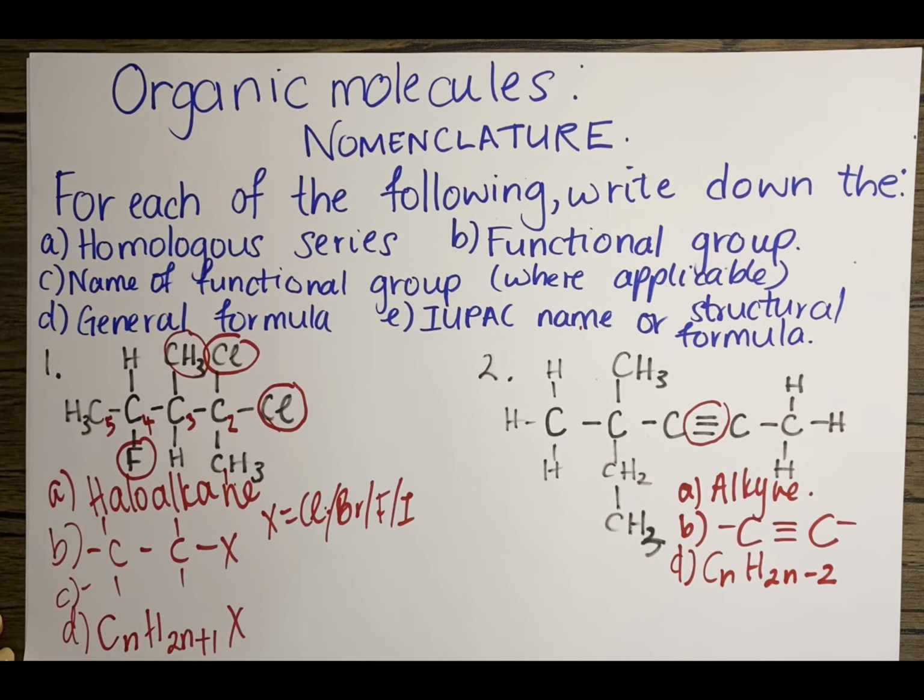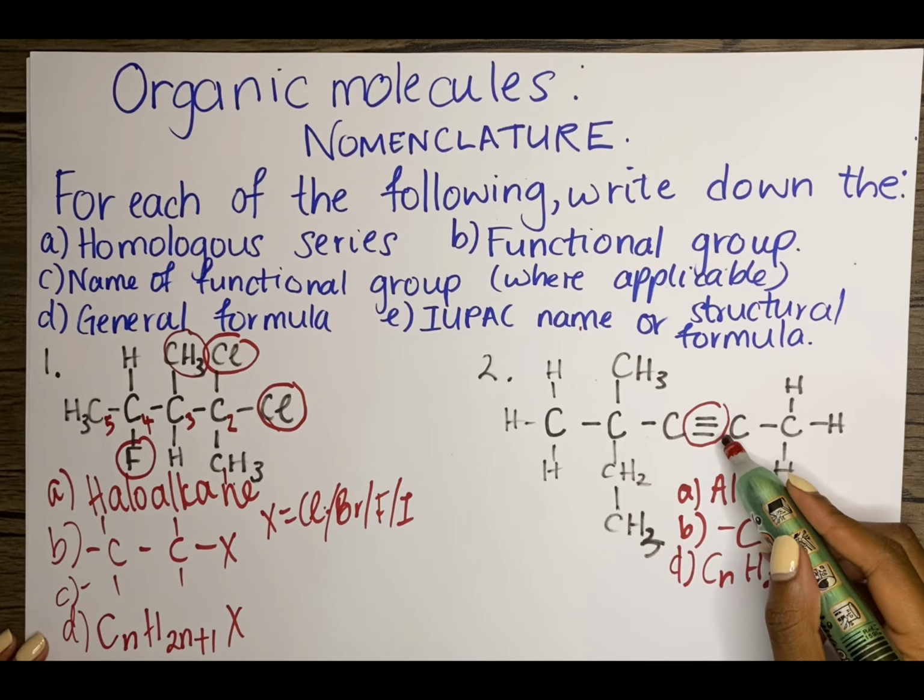And then for E, it says, write down the IUPAC name. Again, it goes back to identifying the correct way of numbering, or the direction that you're going to number, and identifying the longest chain, right? So if you check here, you have to prioritize the triple bond, so it must have the lowest number possible.